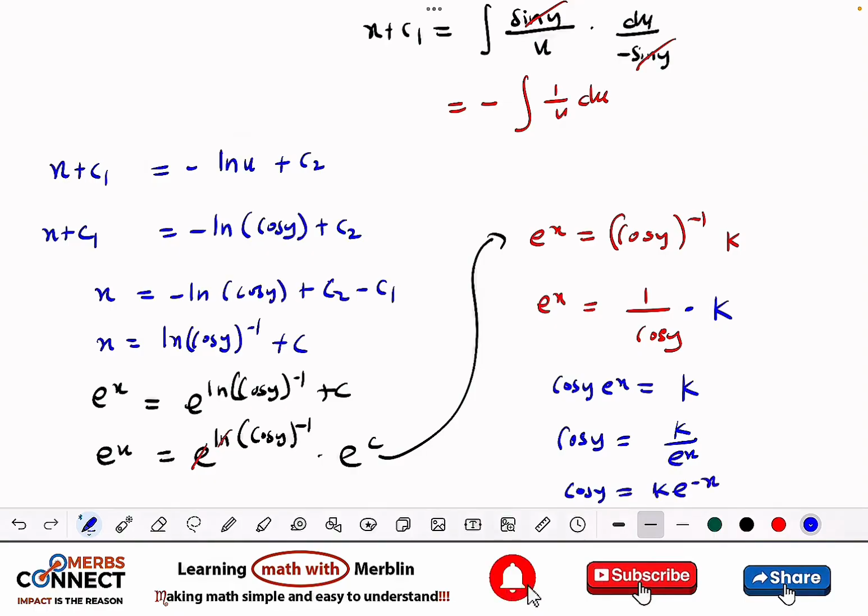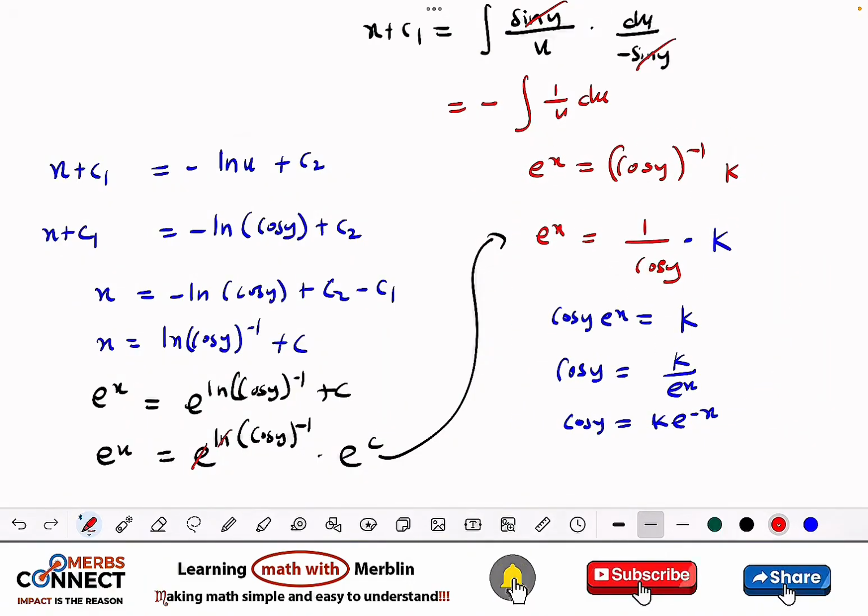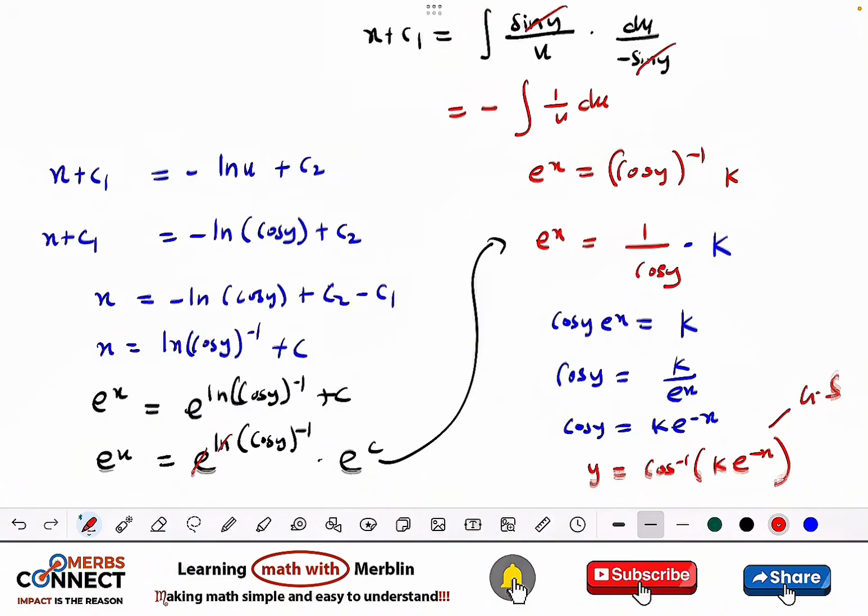I think we can just leave it in this form. Or we can say that if we want to make y the subject, we can find the cos inverse so that y will be equal to cos inverse of k e to the power minus x. Yeah, so now this is the general solution.